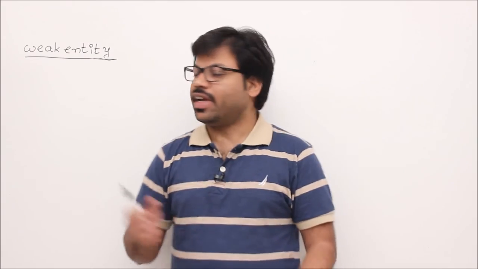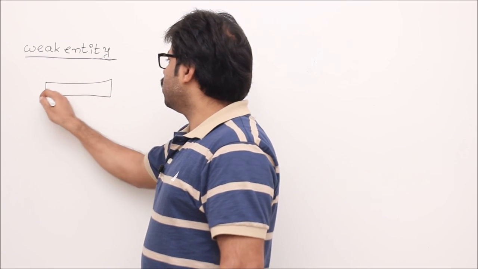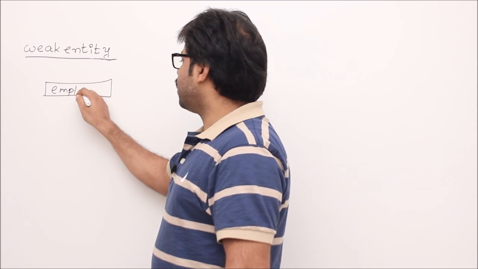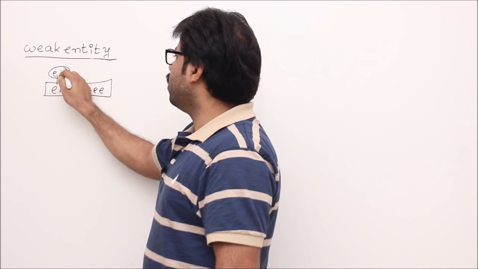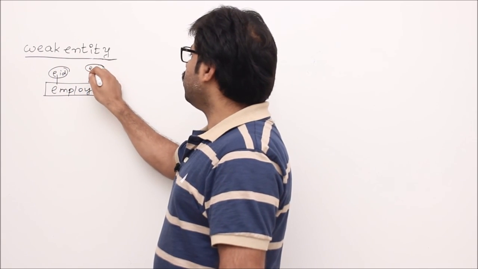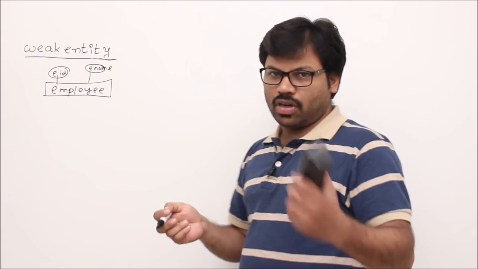Okay, let's talk about weak entities. A weak entity is a kind of entity which cannot exist without some other entity, which is called a strong entity. So we'll see such entities. Consider the strong entity employee. We take some necessary information of the employee through attributes: employee ID, employee name. This employee is going to take a policy, right?